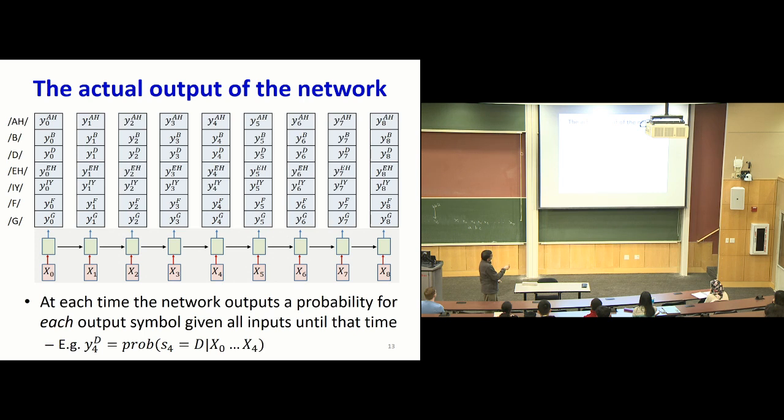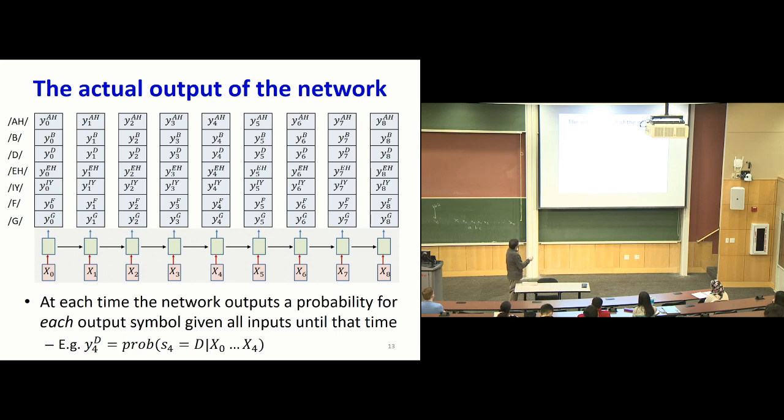This is the set of probabilities for all of these symbols at time 3 after having considered all of the inputs from 0 to 3. You've processed all of them and then produced the probability vector. So in other words, this is the a posteriori probability distribution: the probability assigned to the symbols conditioned on all of the inputs until that time.